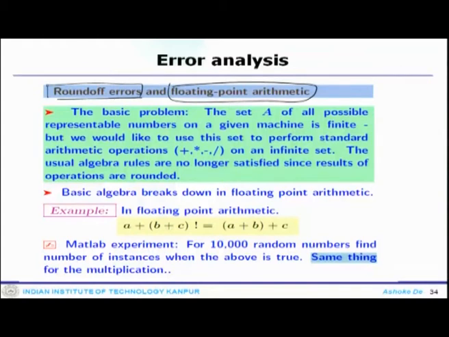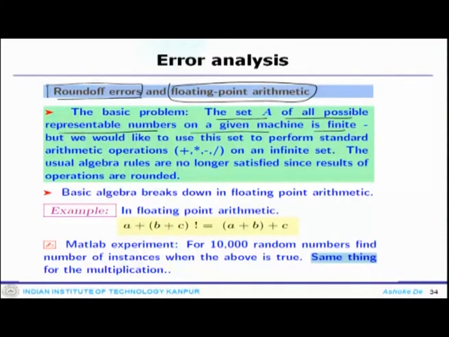So, what is the basic problem? The set A of all possible representable numbers on a given machine is finite. This is a very important and, I would say, loaded statement here.